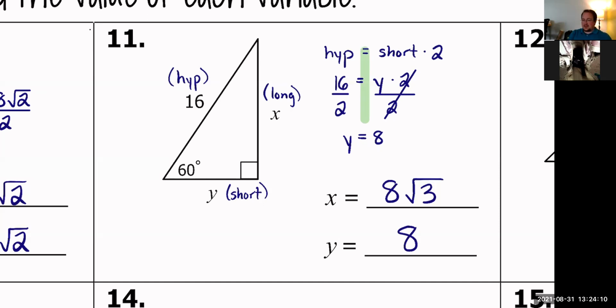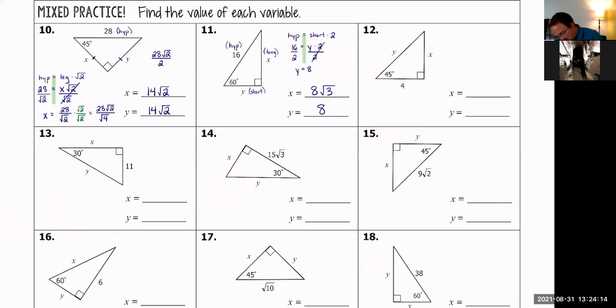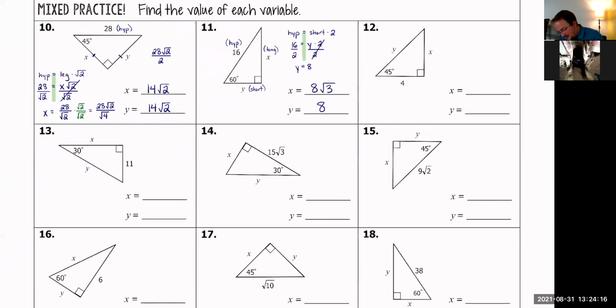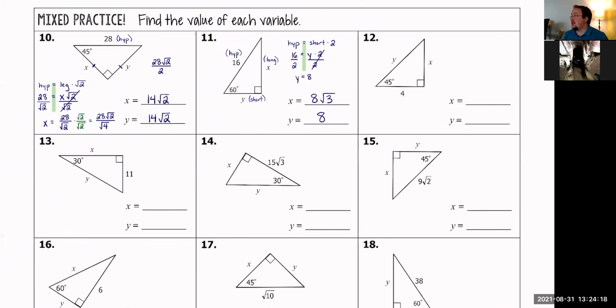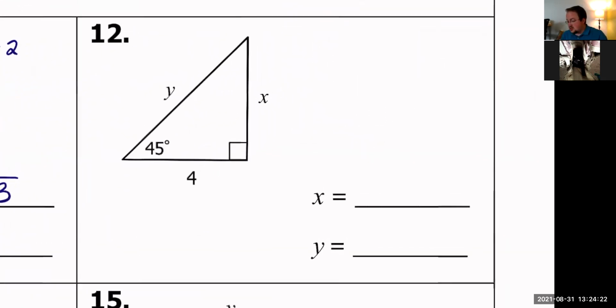All right. For the sake of time, I'm going to give you the rest of the answers for 12 through 18. I'm not going to linger very long on them, so we'll be a bit brisk. This is so if you want to go back and try these out, see if you're on track, you can. Number 12, x is 4. Y is 4 times the square root of 2.